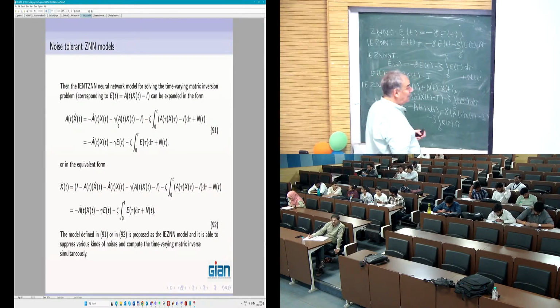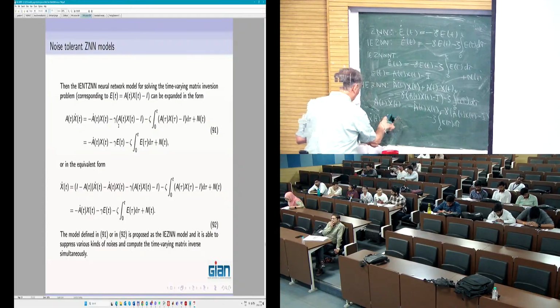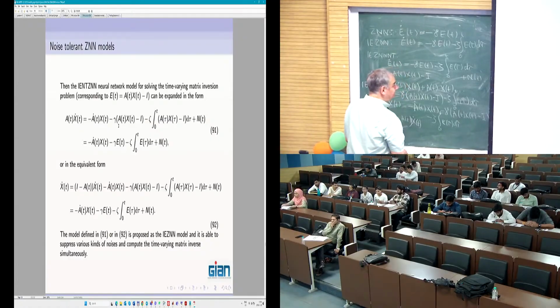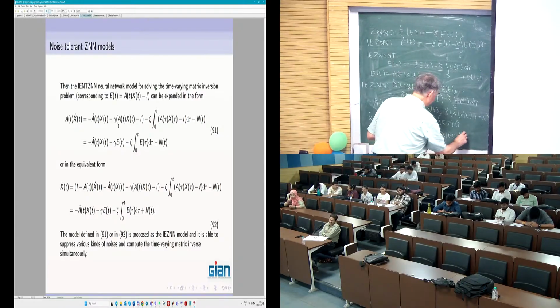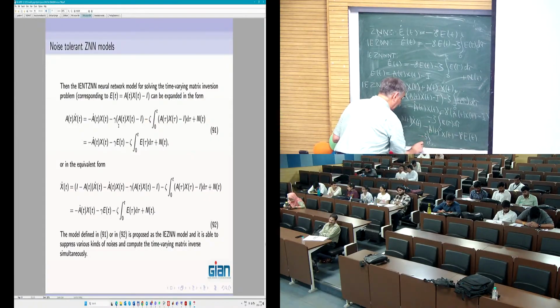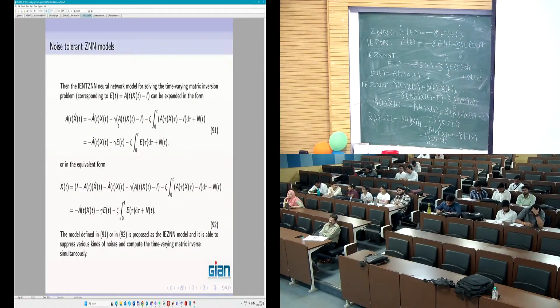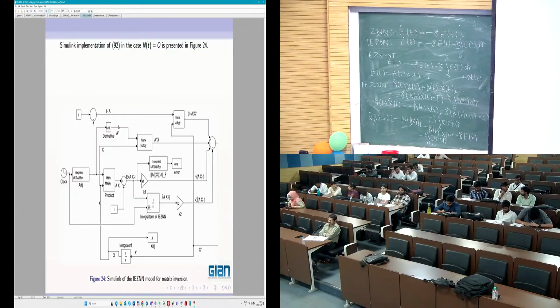It is I minus A of t, A dot of t, from tau, which gives a thermodynamical system. Problems with new partition.